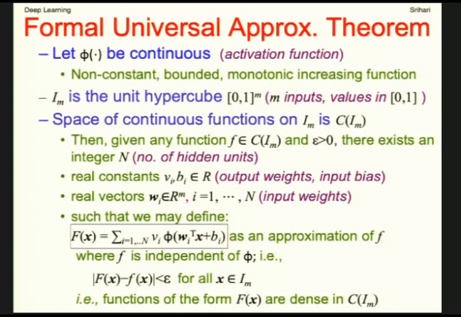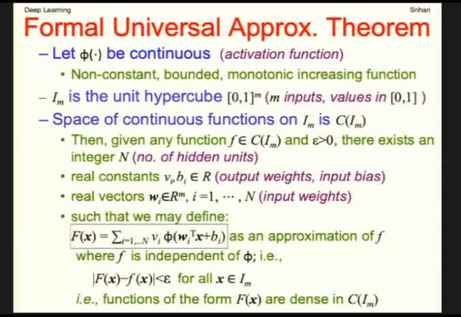And then given any function f and epsilon greater than 0, there exists an integer N, the number of hidden units, real constants v_i, b_i, output weights, and bias, and real vectors w_i, input weights, such that we may define, all right, this neural network, computing some function of x. This x is coming from a list of zeros and ones.